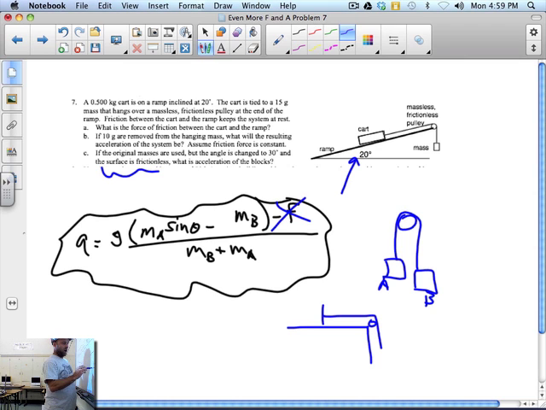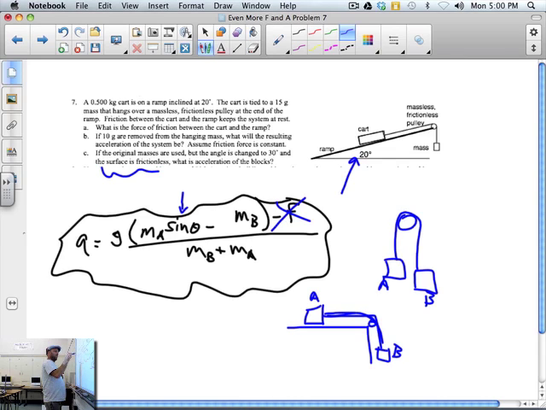And there's the block, object A, object B. If we had a 0 degree angle, horizontal surface, this is supposed to be a smooth curve, sorry, that would make this term here 0, and we would get our acceleration being equal to the mass of object B, g, and it would be negative.